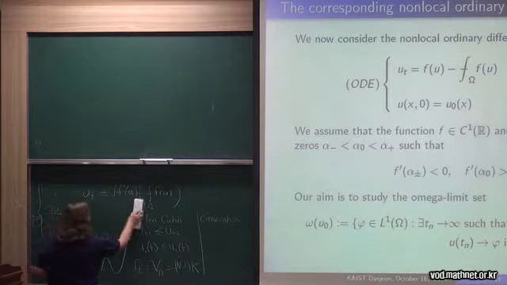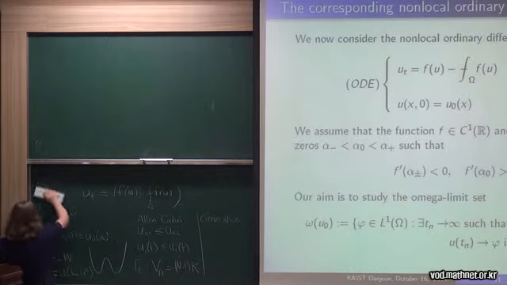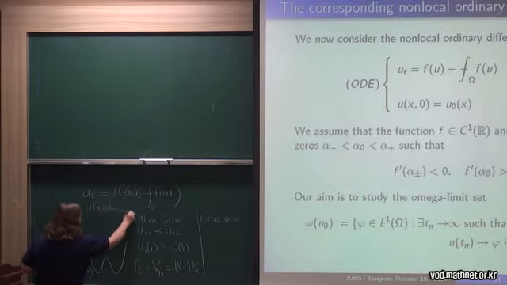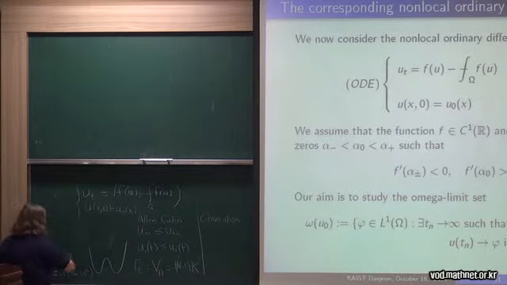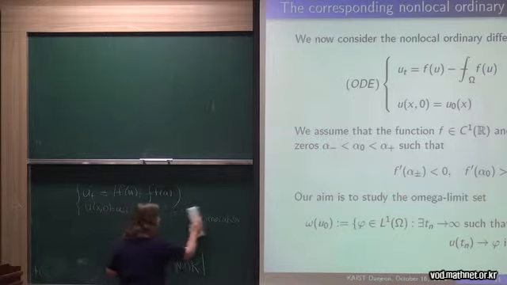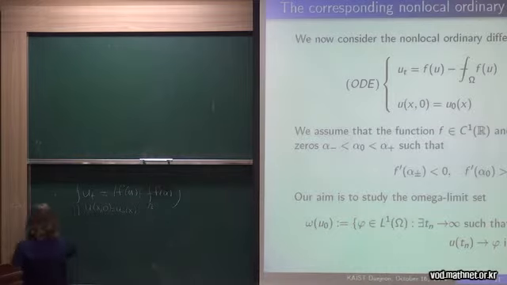Because we have an ODE, we don't need any boundary condition anymore, and we still, of course, need some initial values. So this is the problem which we are going to study from now on, and I guess we call it problem ODE.